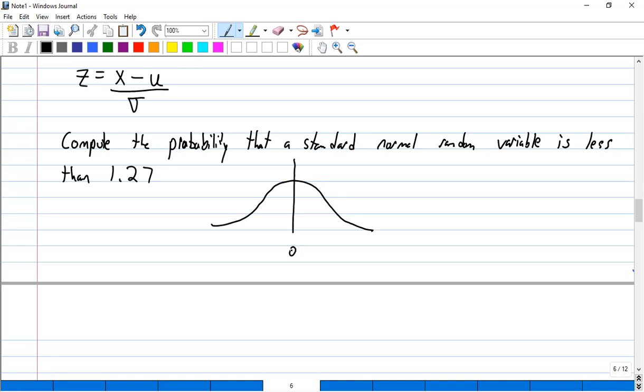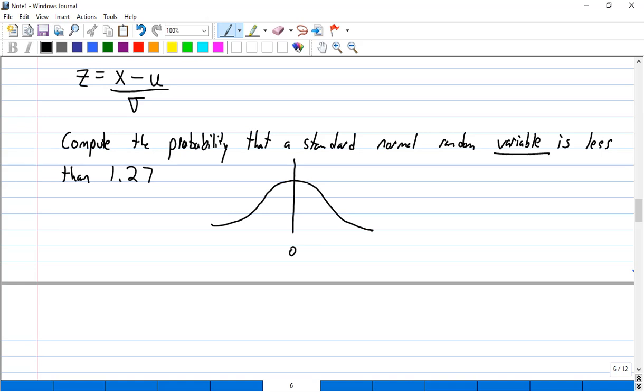Now if we want to look at 1.27, then really what we're doing is looking 1.27 standard deviations above the mean. Because remember, if it's a standard normal distribution and that's 0 and that's 1, your z-score is just equal to whatever x value we're looking at, and the x value is the variable.